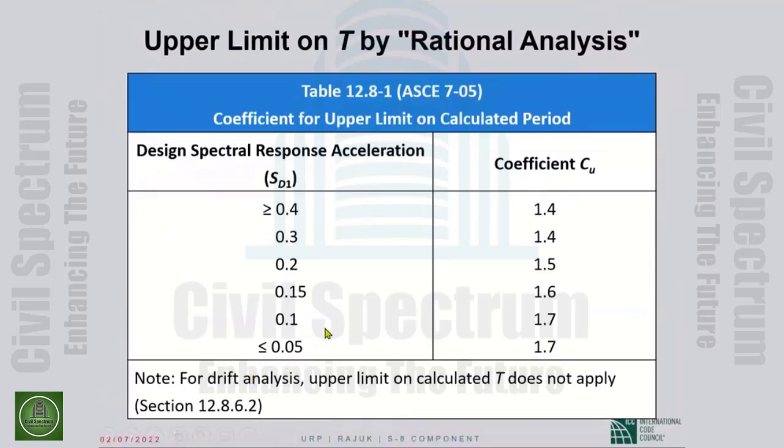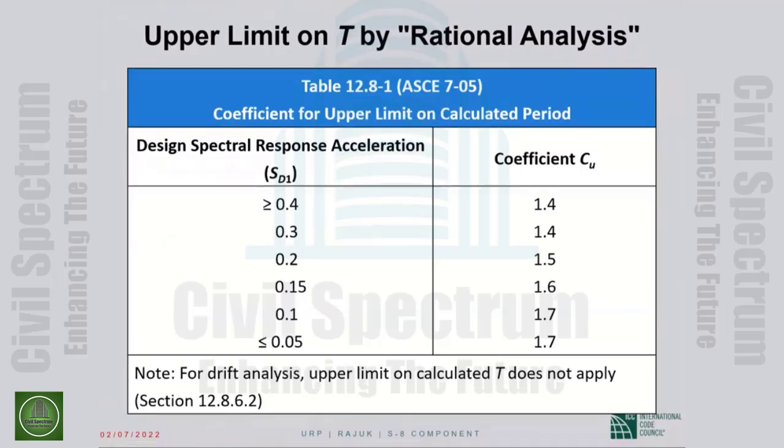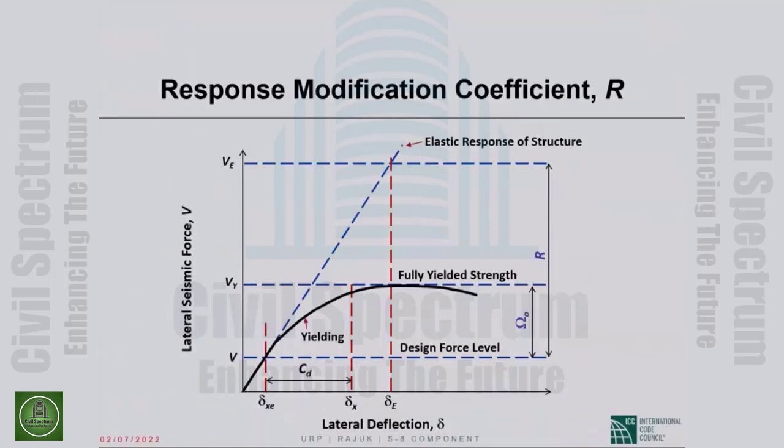So if BNBC decided to follow ASCE 7, we could have utilized 170% of approximate period, but BNBC, as I said, has a fixed upper bound of 1.4 times T sub A.